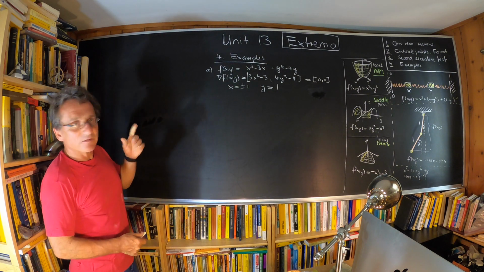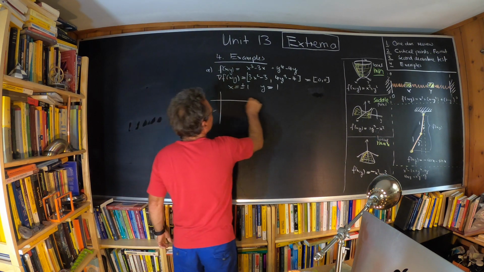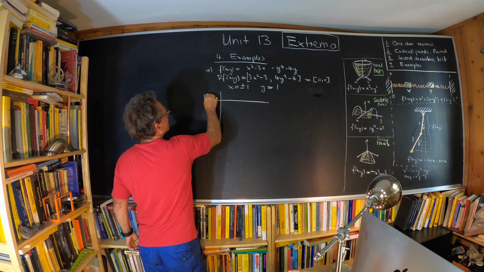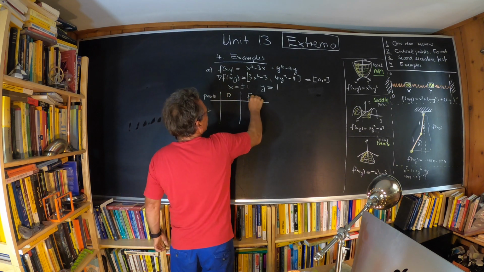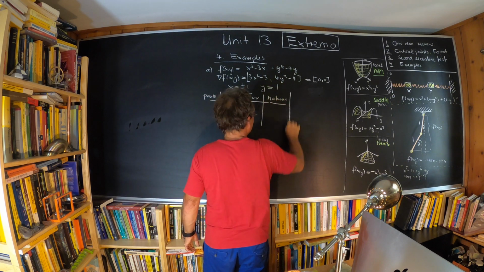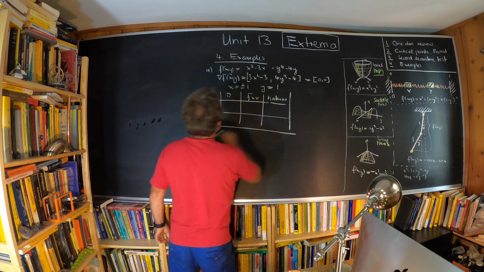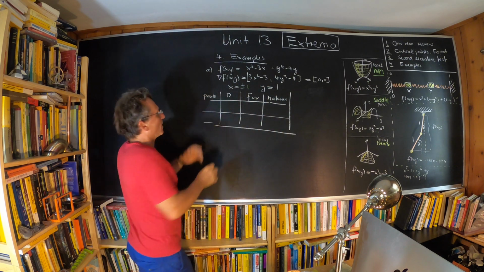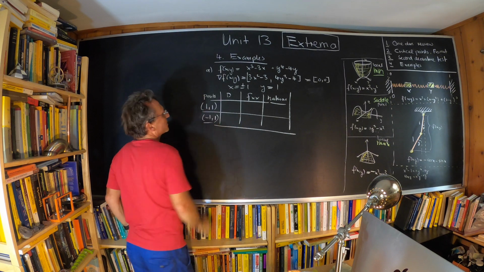So that means we have 2 critical points. So let's make a little table here. These are the points. Then we have the d, we write down the fxx, and then we write down the nature of the critical point. It's appreciated if you make a little table like this. So we see 1, 1 is one critical point, and minus 1, 1 is another critical point.